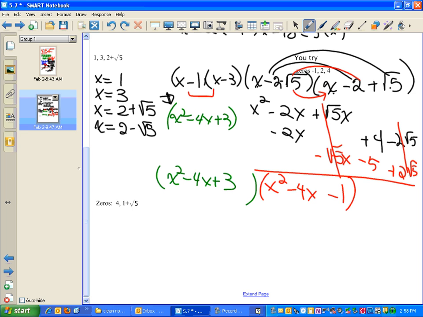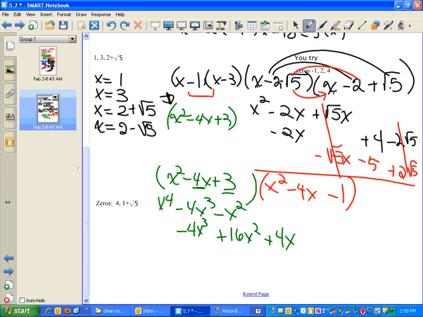And then we get to do what? FOIL some more. I need a polynomial. So x to the 4th minus 4x cubed minus x squared. Then I'm going to distribute the negative 4x. And I'm going to get minus 4x cubed plus 16x squared plus 4x.